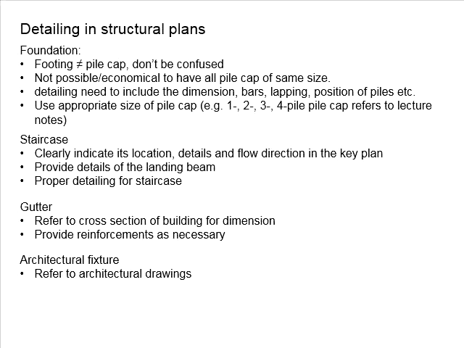Although the load added by this kind of element is not high, most likely they're going to carry their own self-weight or maybe minor imposed load, which is not significant. However, you must take this into consideration so that during fabrication of each adjacent structural element, the gutter and the architectural features can be fabricated together as a part of the structural element.